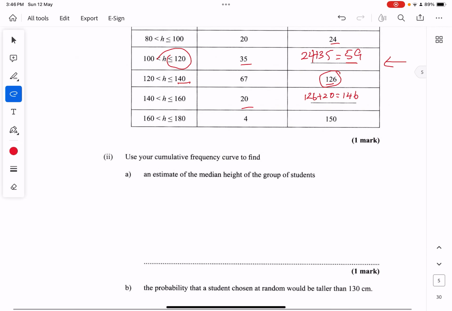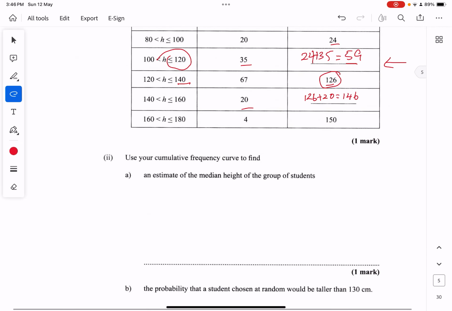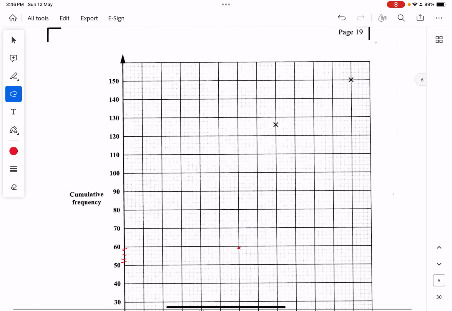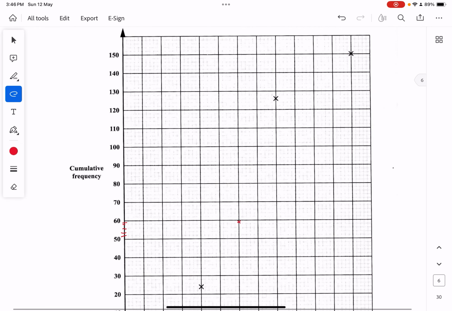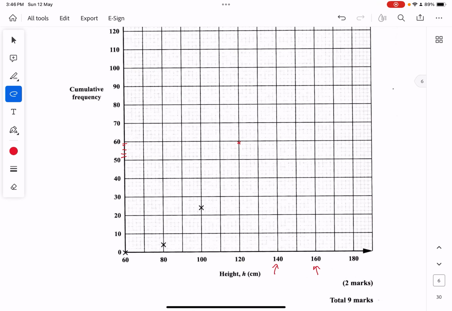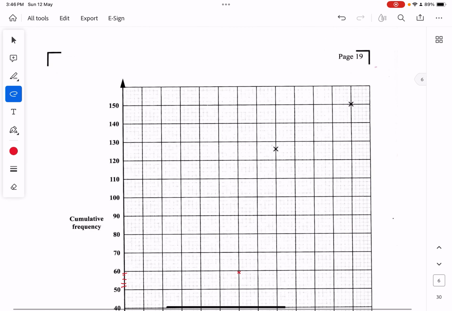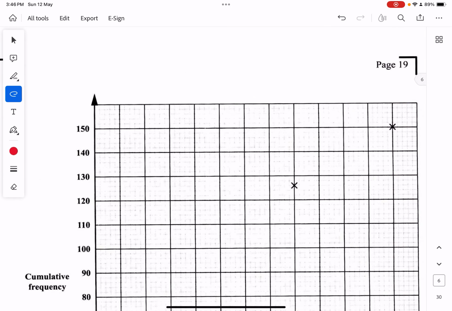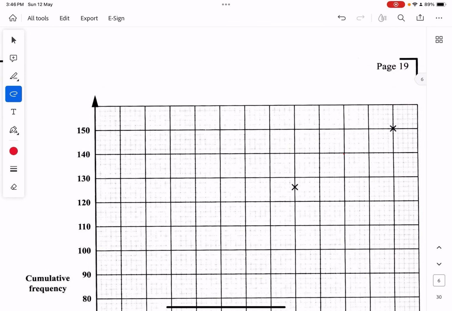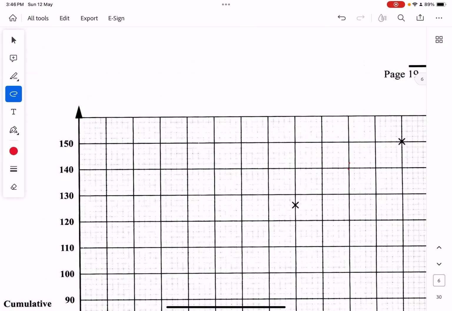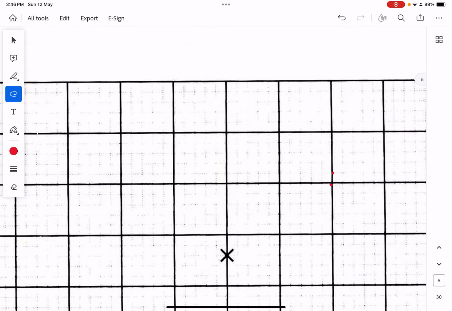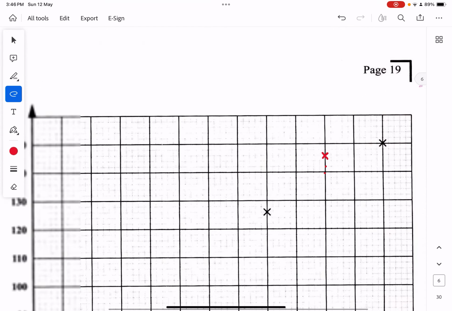And then we've got 160 and 146. 160 on our x and 146 on our y. So 160 on our x, which is here, and 146 on our y. So this line here is 140, so this is 142, 144, and 146 is going to end up right there.